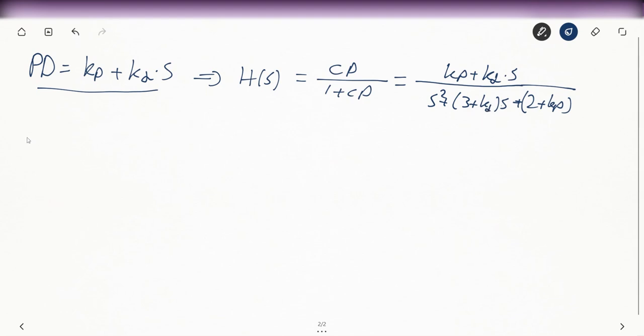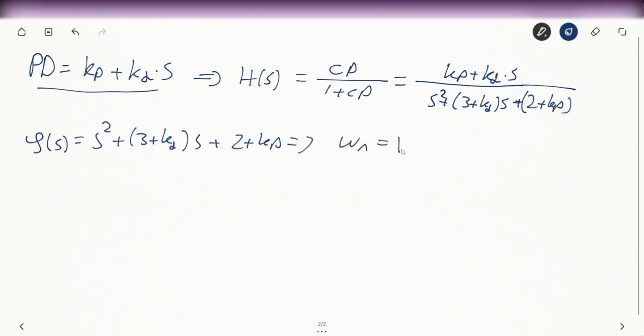The new characteristic equation of the system is the denominator of the transfer function we have already written: s squared plus 3 plus Kd times s plus 2 plus Kp. When we compare it to the standard second order control system, we can say that omega n squared is equal to 2 plus Kp, so omega n is the square root of 2 plus Kp.